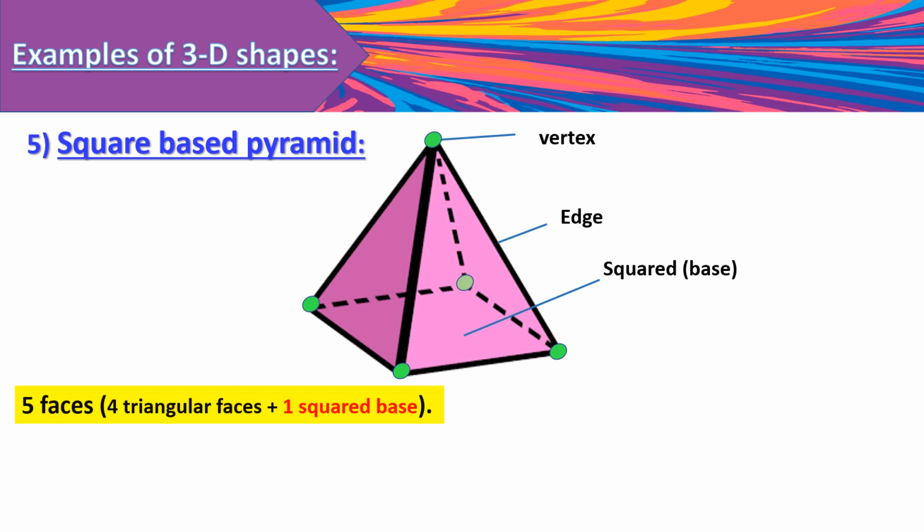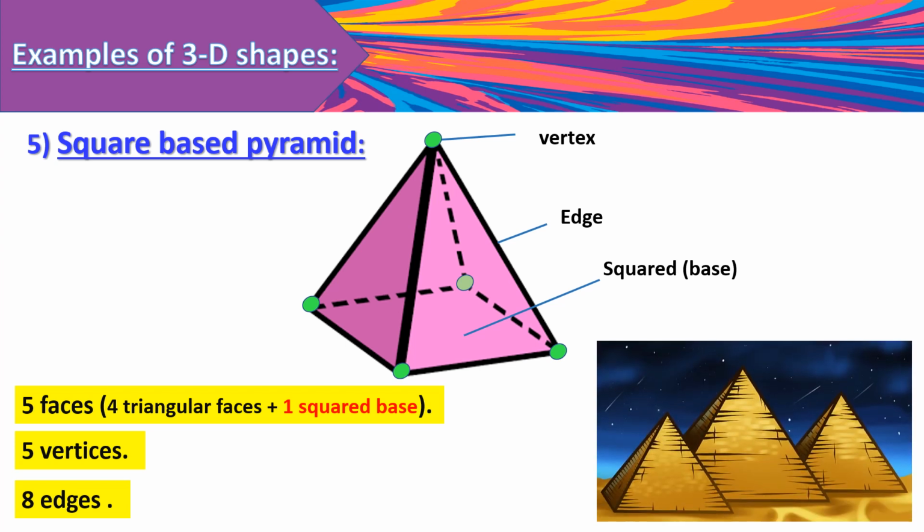Four of these faces are triangular faces, and one of them is the square base. We say square base because the base is in the shape of a square, so it's called a square-based pyramid. It has 5 vertices and 8 edges. It's like our Giza pyramid.